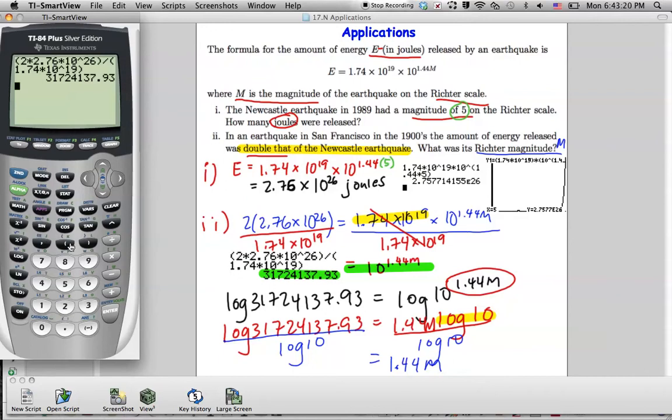We have parenthesis log 3172437.93. Hope you guys are all doing this on your calculator too, so that you get used to typing in everything. And we're going to divide that by log of 10.